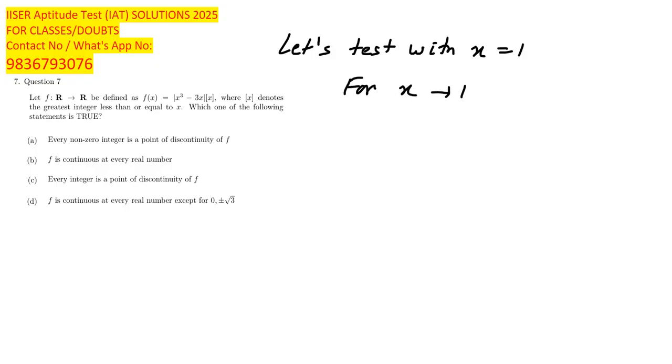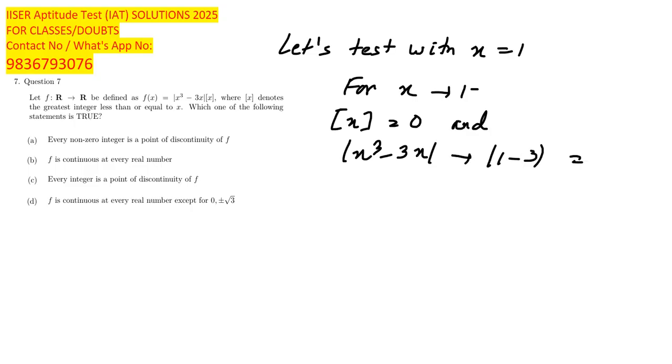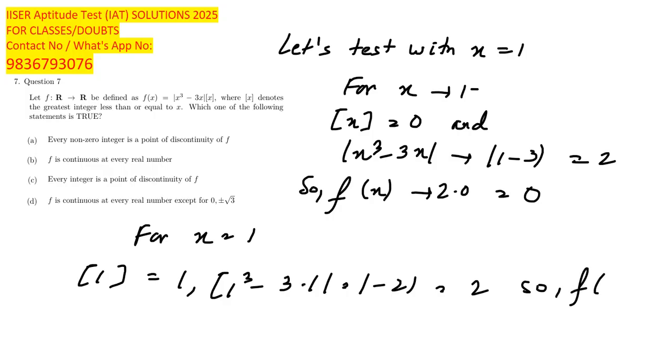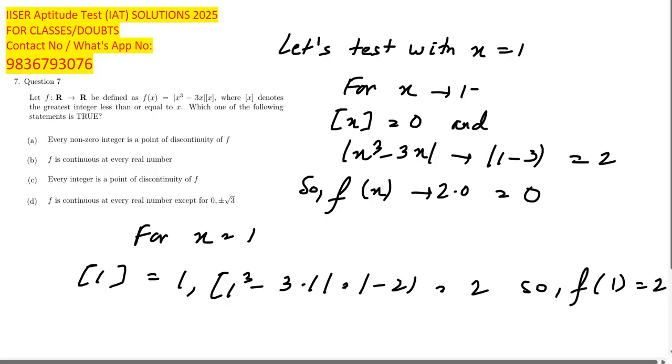For x just below 1, [x] is 0, and x³ − 3x gives |1 − 3| = 2, so f(x) is 2 multiplied by 0, which is 0. For x = 1, 1 cubed minus 3 is −2, modulus 2, so f(1) is 2 multiplied by 1, which is 2.